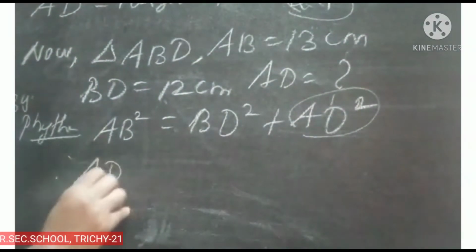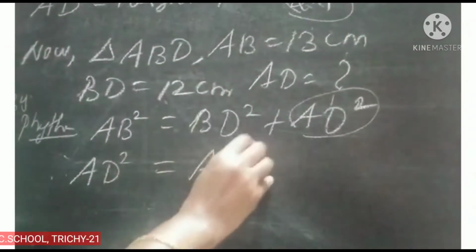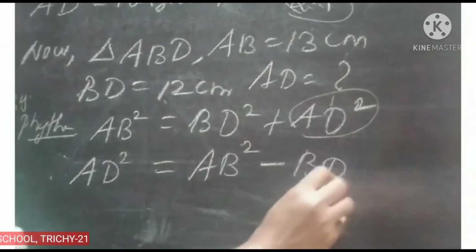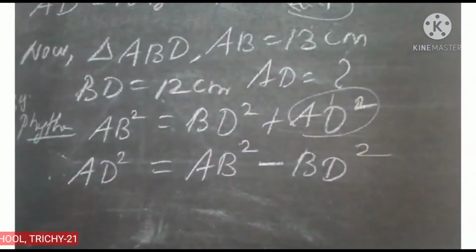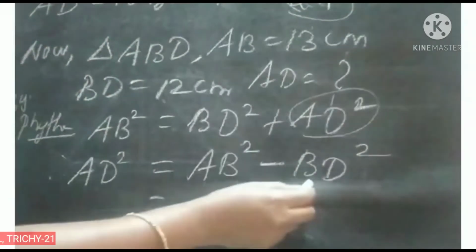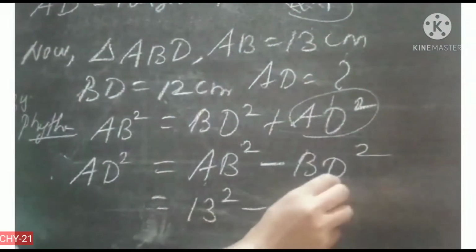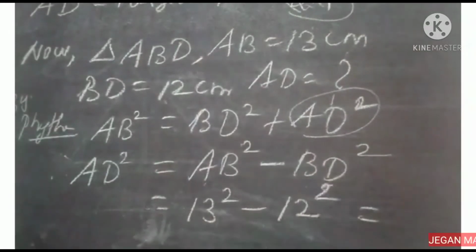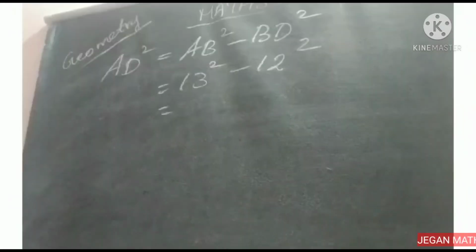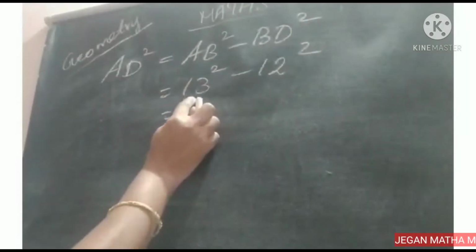Therefore AD square equal to AB square minus BD square. So now you have to apply the values.